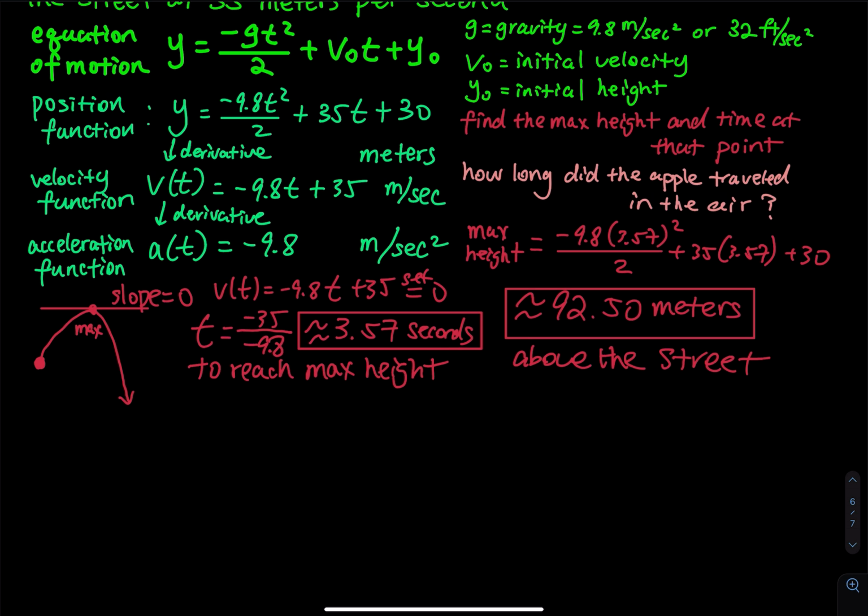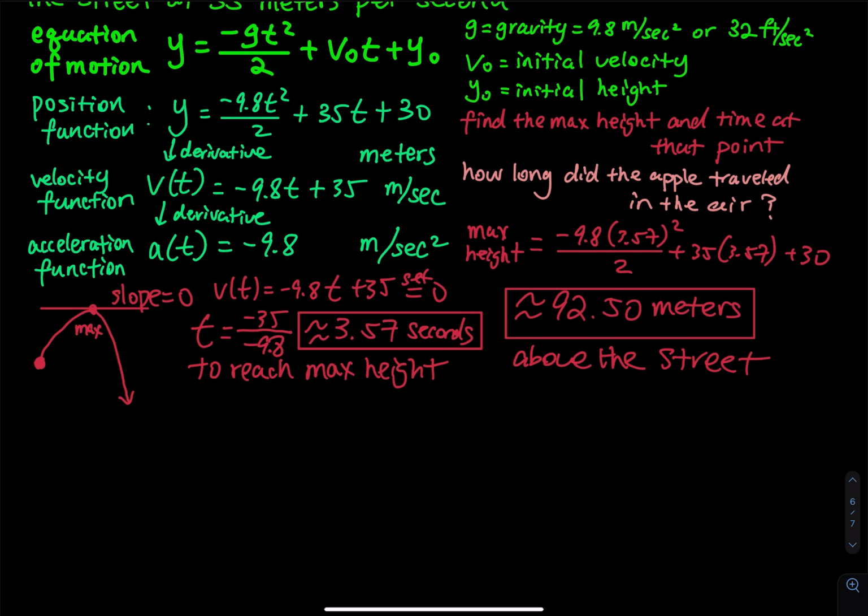What happens when the apple hits the street? When the apple is on the street, what is the position? That is how many meters above the street? At that moment the apple is 0 meters above the street, right? We are talking about position.